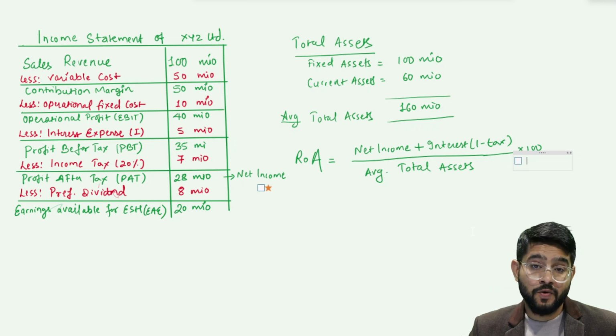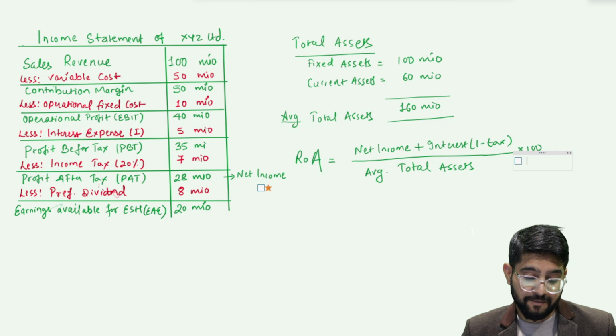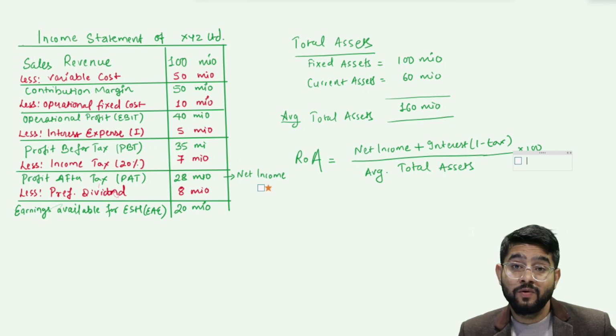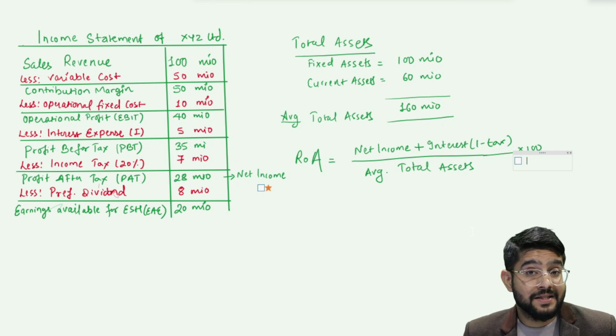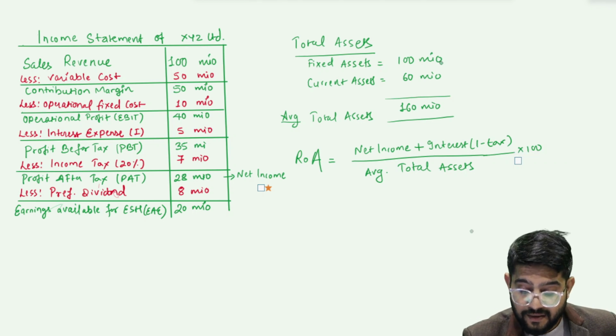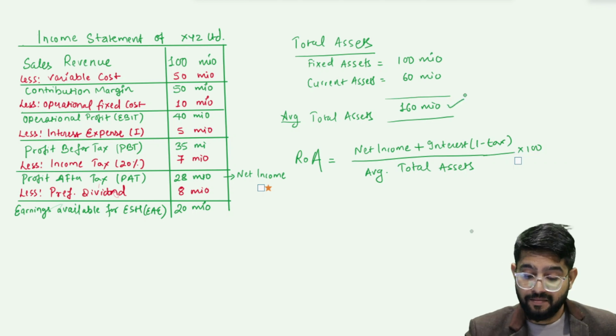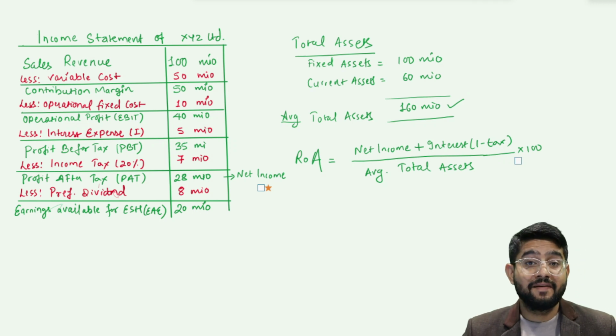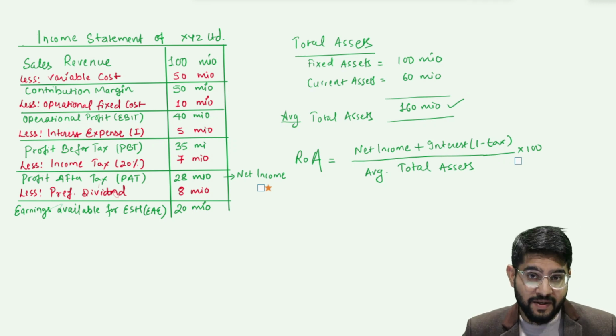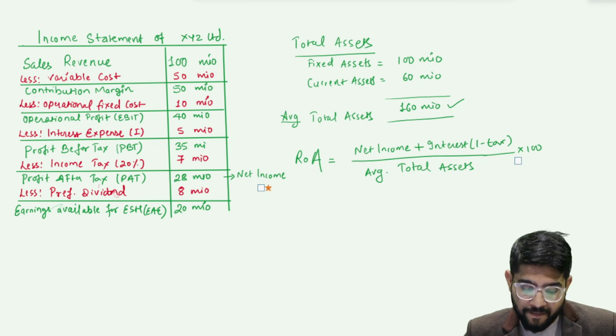This is also known as the profitability statement. Now let's consider the average total assets of the company, including fixed assets and current assets, are 160 million. Now we have to calculate the return on assets of this company for this particular year to which this income statement belongs.